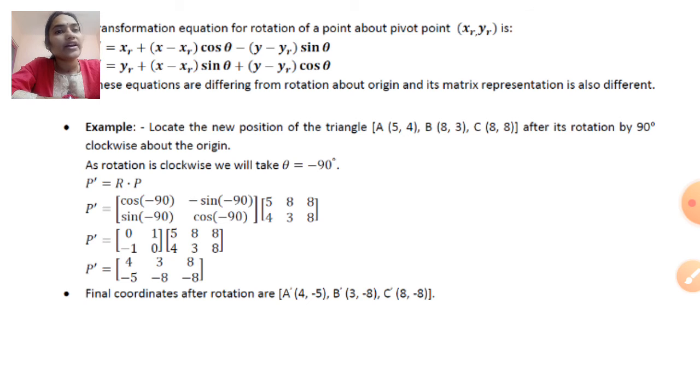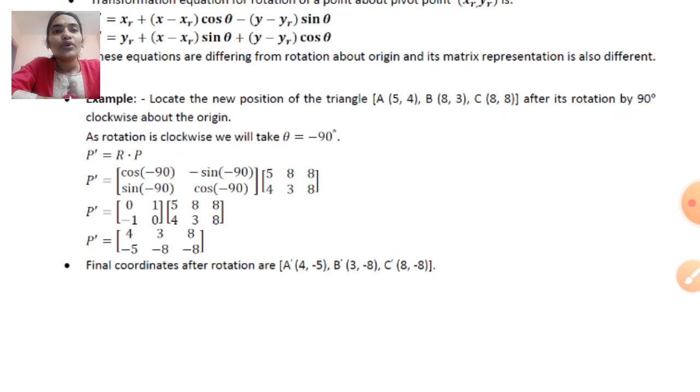As the rotation is 90 degrees clockwise, we take θ = −90 degrees. So P' = R · P. Here R is the matrix cos(−90), −sin(−90), sin(−90), cos(−90), and P is the matrix of points (5,4), (8,3), (8,8).